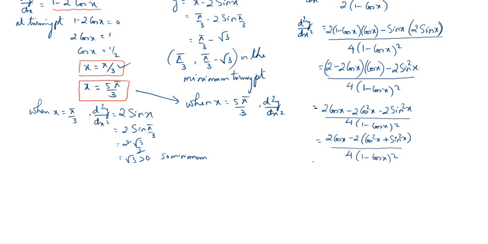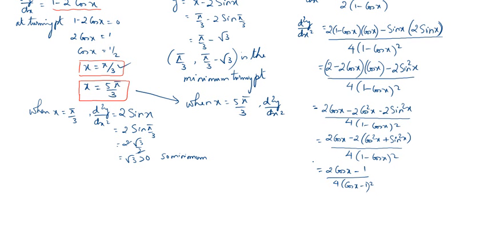So numerator will be 2 cos x minus 1 upon 4 into 1 minus cos x the whole square. Since it is square, we can write it as cos x minus 1 the whole square.